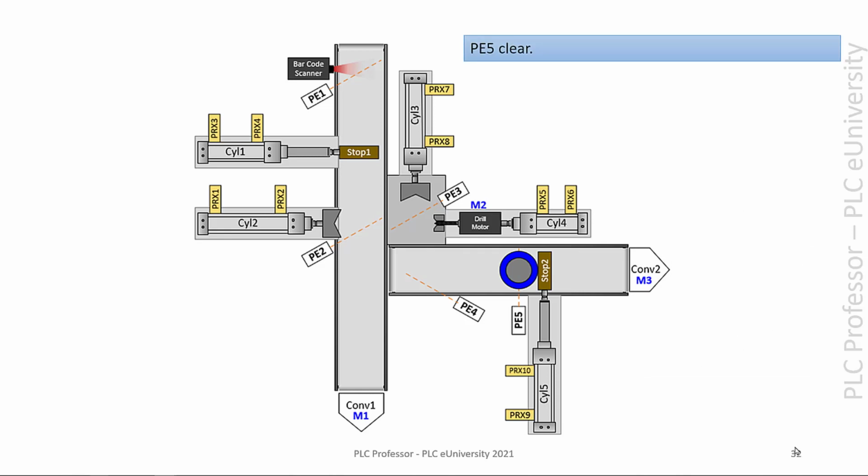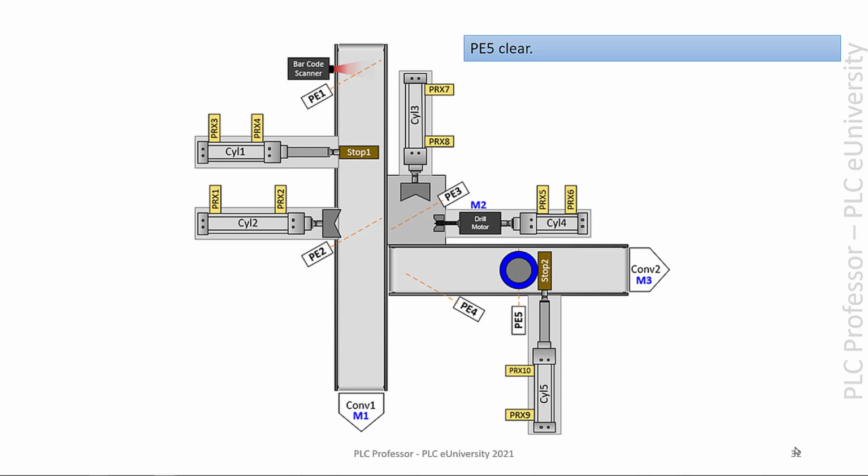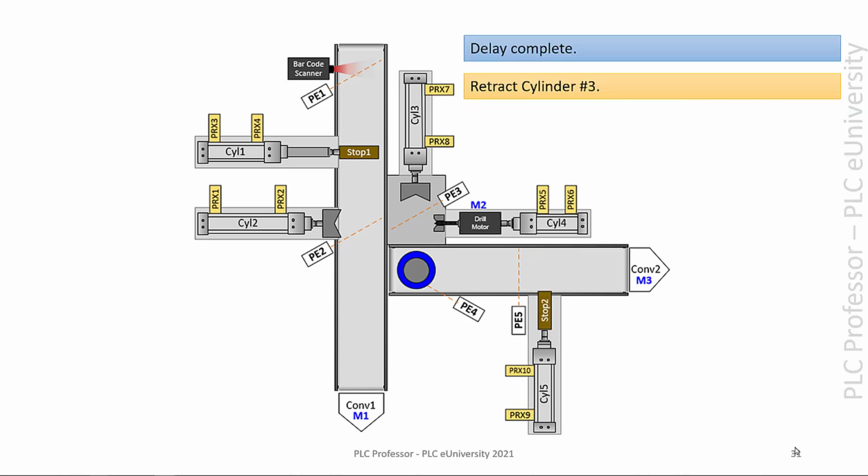And of course PE5 had to be clear, and then we extend cylinder 5. I kind of skipped by that, my bad. Now, once we hit cylinder 5 into stroke, we know everything's settled in position. And we would energize the finished product conveyor. I kind of said this backwards, so I'll back up and do it correctly.